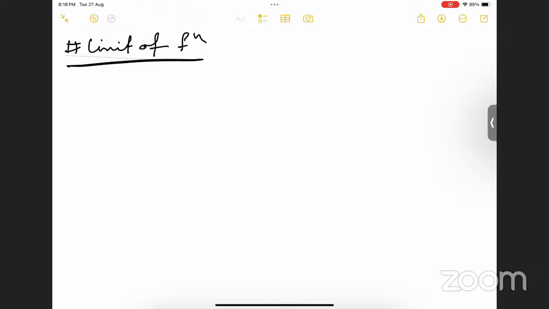So anyone can unmute yourself and tell me what was the difference between limit of a sequence and limit of a function. For a function, we will take some general function, where the domain is a subset of R, right?